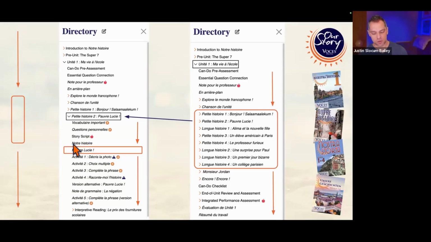And so this Notre histoire, our story, in this context, refers to that story that the class created together, and it's an opportunity for students to recreate a written version or an audio recorded version of that story. So this page is always, by default, not blank, but the content that would go into it is generated by whatever you and your students do using the story script. And some people do that, some people skip it, it's no problem.